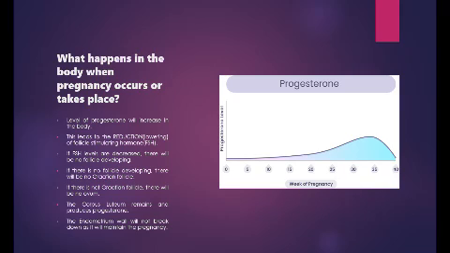If you look at the graph, you can see that as the weeks go by, the level of progesterone increases. And that increase leads to the lowering of the follicle stimulating hormone, which we're going to call FSH.